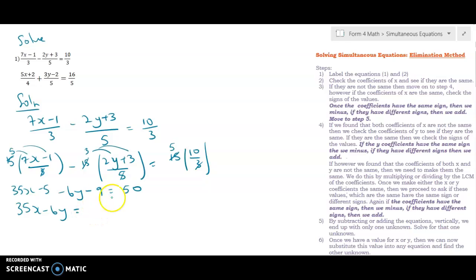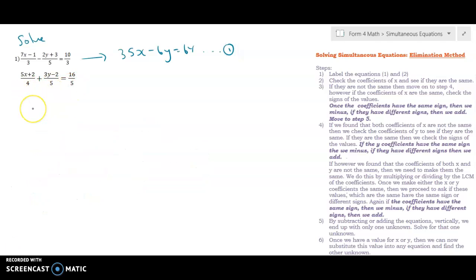Sending it over becomes a positive 14, so that will be 64. From here now, I could call this equation 1. This has now been converted to this, calling it equation 1.